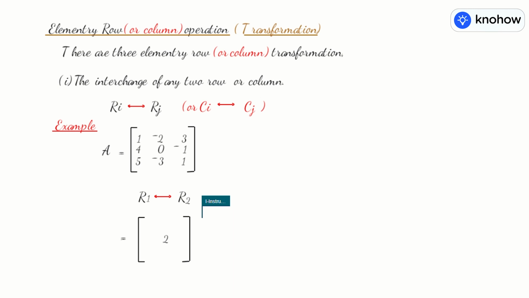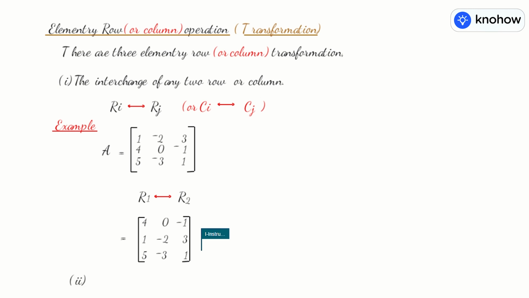So the second row will come to the first row, that is, we get the new matrix as 4, 0, -1, 1, -2, 3, and the third row will remain the same, that is 5, -3, 1. That is the first operation, that we can interchange any 2 rows or columns.